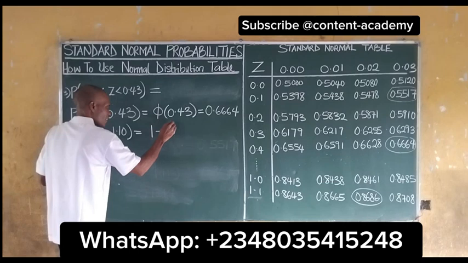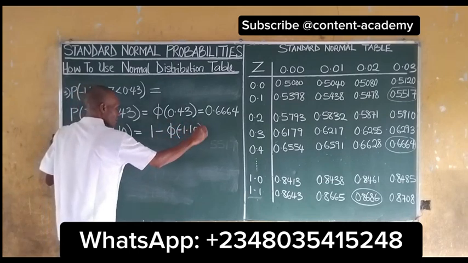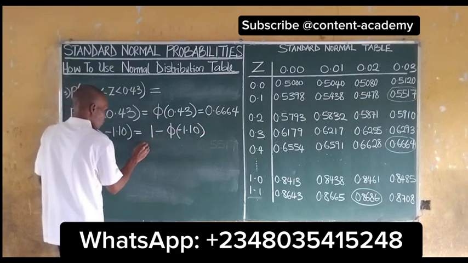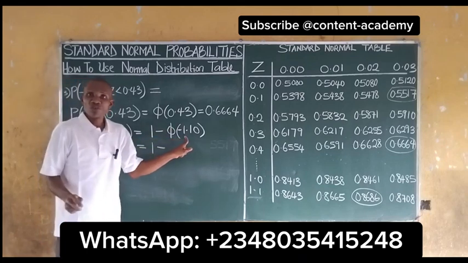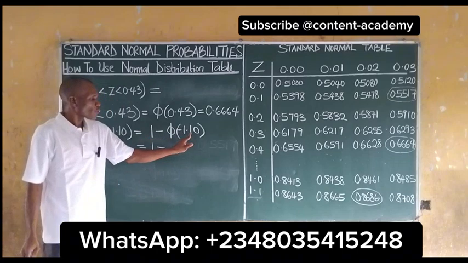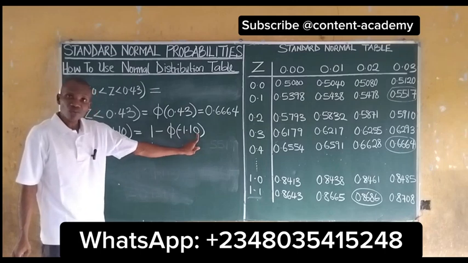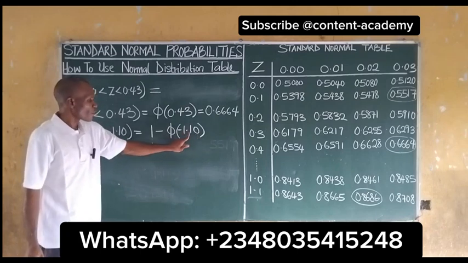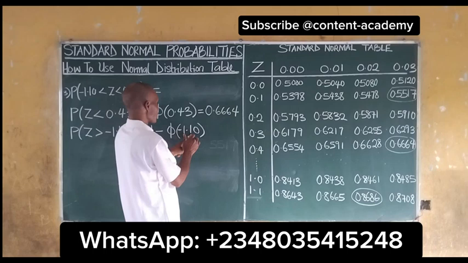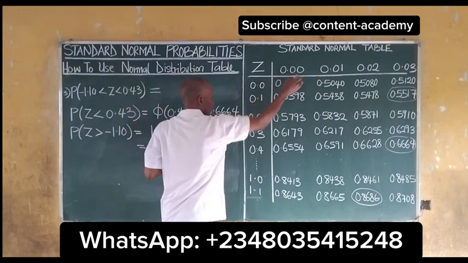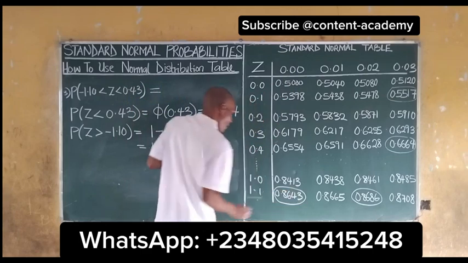1 minus our normal curve, negative 1.10. So this negative sign will not have any effect as we are looking for this value. So how do we look for this value? We have 1.1 under 0.00. That is how it is being looked for. So this becomes the number that intersects it.